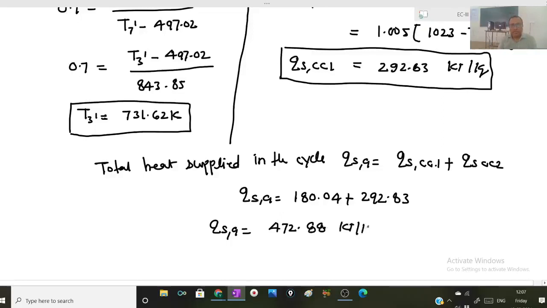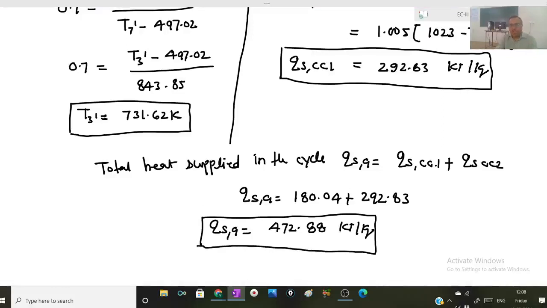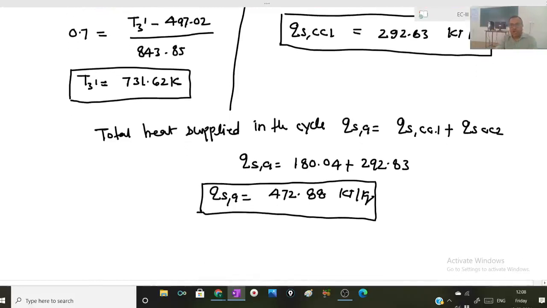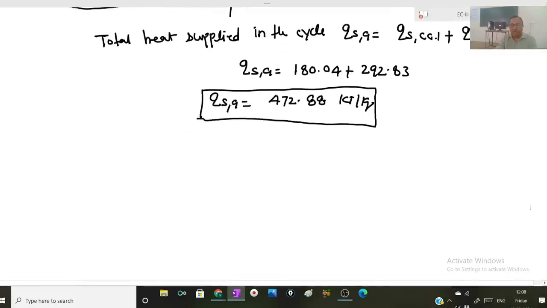Someone please confirm it. Okay, will work. No issue. This is the total heat supplied in the cycle. Now, let us do the calculations to get what has been asked in the problem.